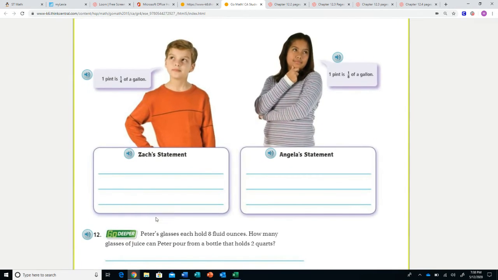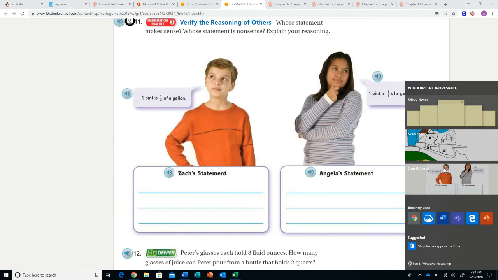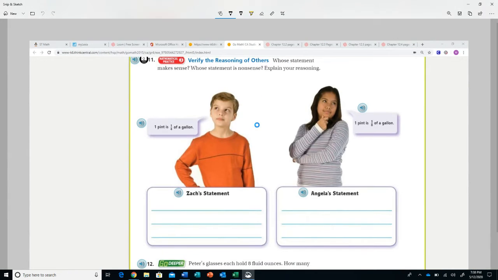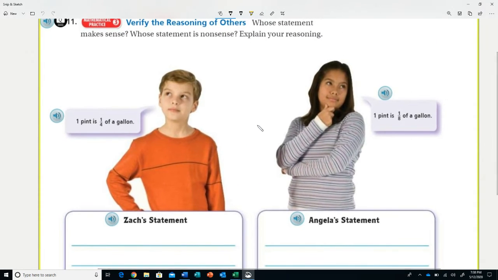Let's try to get through 12 in this snip and sketch. So big idea: we need to remember that there are 8 pints in 1 gallon.